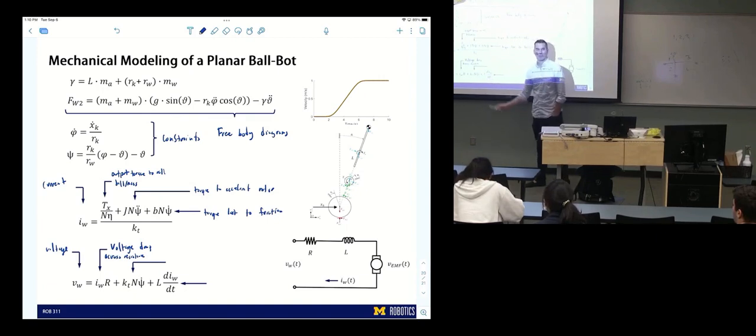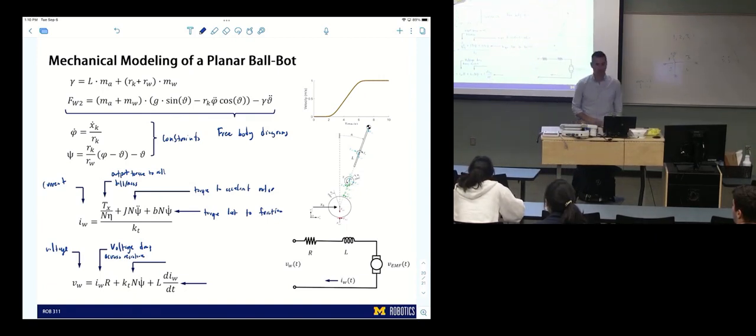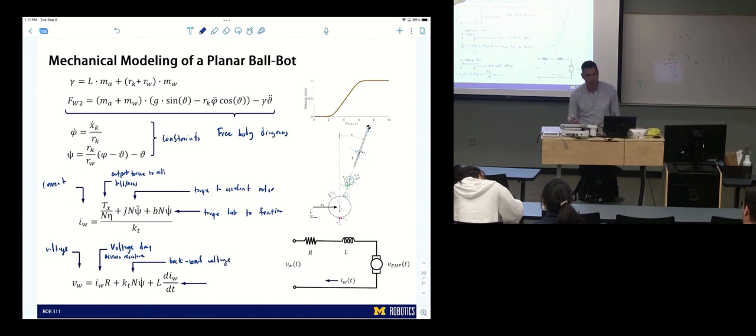KT and psi dot? Voltage across the motor. This is the back EMF, which I think is what you're saying. But to be more specific, we'll say back EMF voltage. So that's the voltage induced by the motor spinning. And our last one is our voltage drop across the inductor.